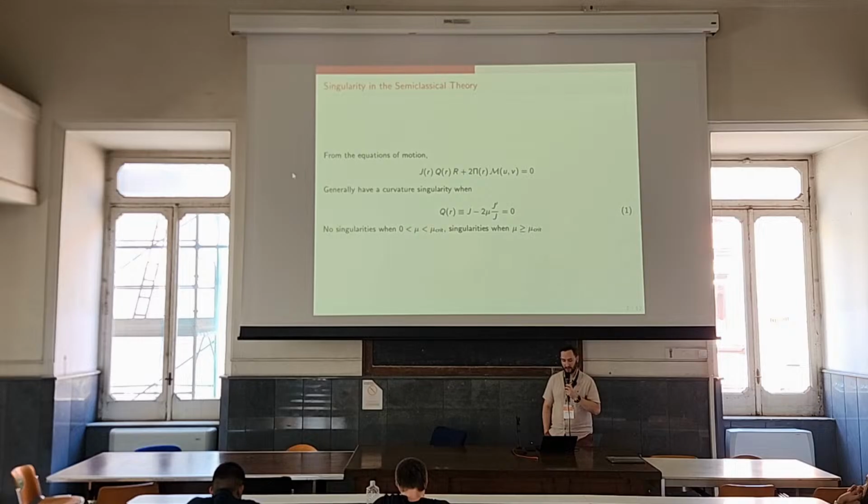But we also find that for non-singular models, for example, Bardeen, there's a critical value of mu above which you get singularities, even when there was no singularity in the classical spacetime. However, we interpret this as just a breakdown of the semi-classical model because it only appears when the radiation scale is much larger than the regularization length scale. And for as long as we're in the weak radiation regime, we have a non-singular well-behaved theory.